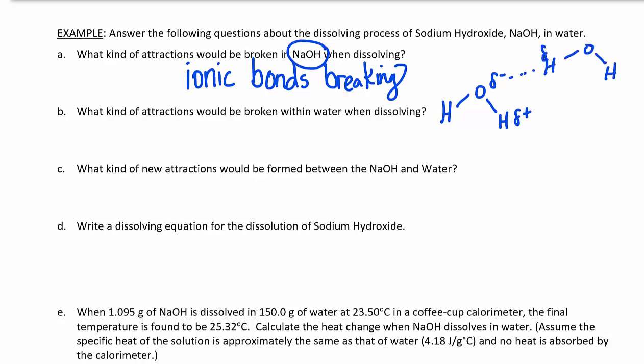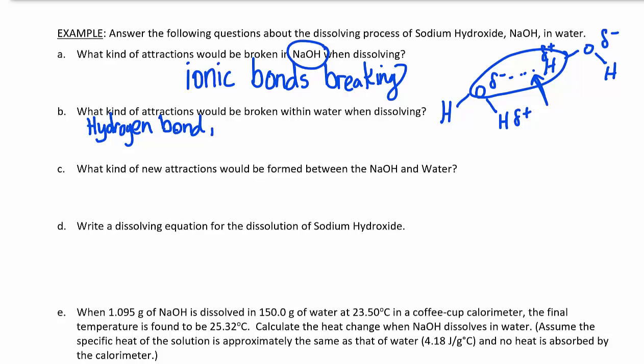You've got a partial positive on this hydrogen and a partial negative on this oxygen. So the attractions that are going to be broken are right here, which is a hydrogen bond. Covalent compounds have other IMFs.